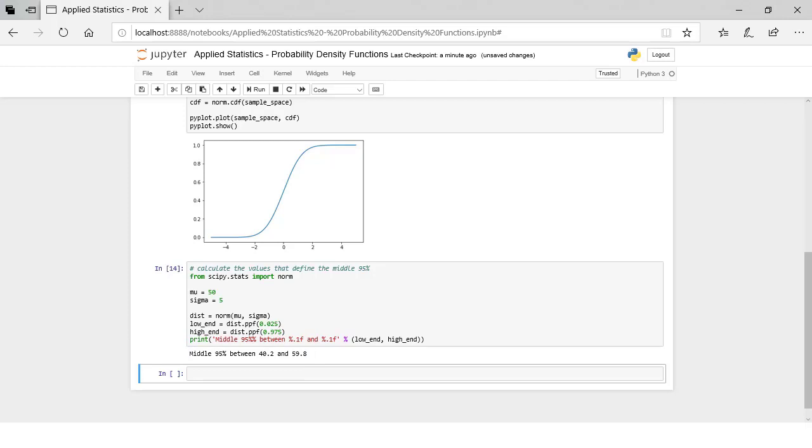The middle 95% would be defined by the percentage point function of a value of 2.5 at the low end and 97.5 at the high end, where 97.5 minus 2.5 gives the middle 95%. Running our example gives the exact outcomes that define that middle 95% of expected values, which are very close to our standard deviation-based heuristics of 40 and 60.